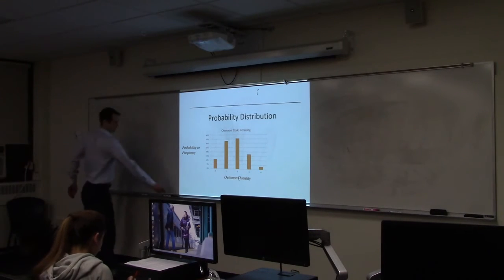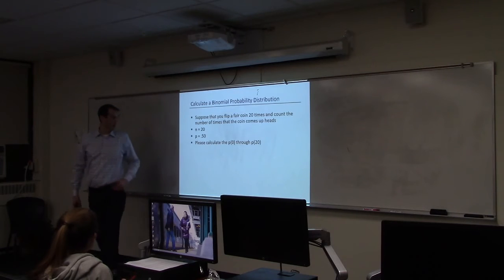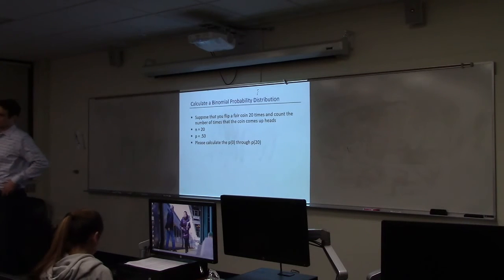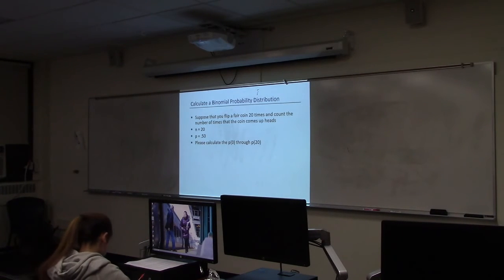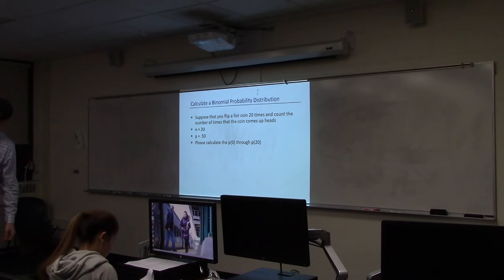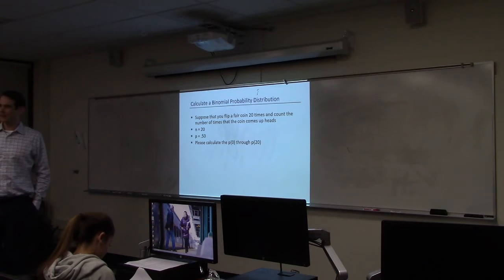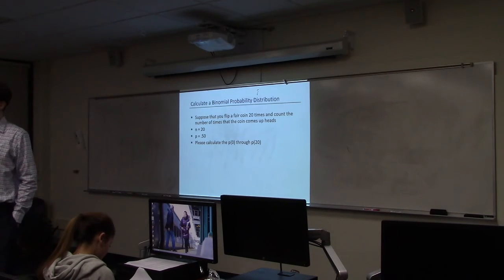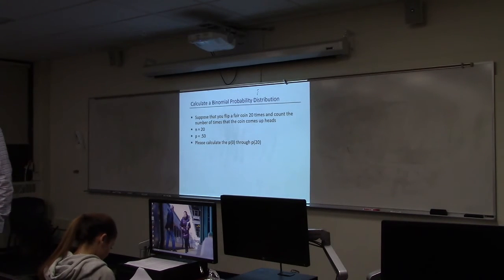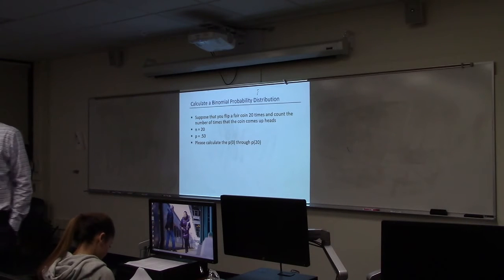I would like to use an example where we are flipping a coin, a fair coin. Suppose we flip it 20 times. The probability of it coming up heads each time is 50%. And what I'd like us to calculate, we won't do them all, we'll do a couple. I would like to calculate the probability of 0 through 20 successes.